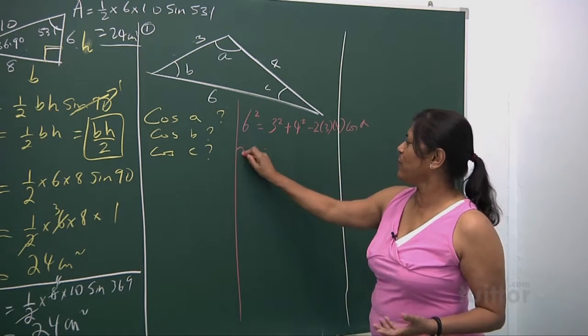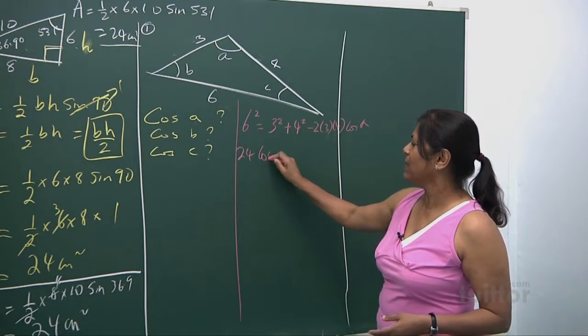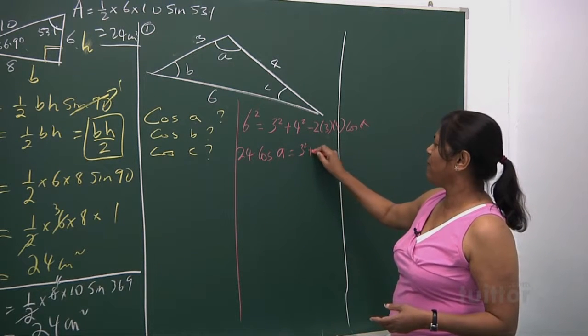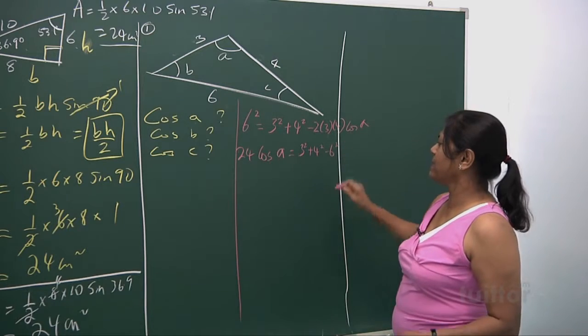It's a minus, and when you bring it over, it becomes a plus. 24 cos A is 3 squared plus 4 squared minus 6 squared.